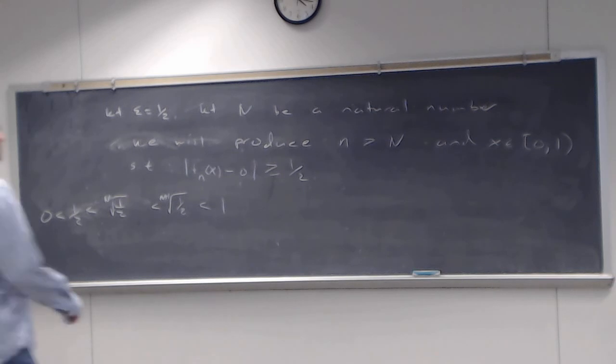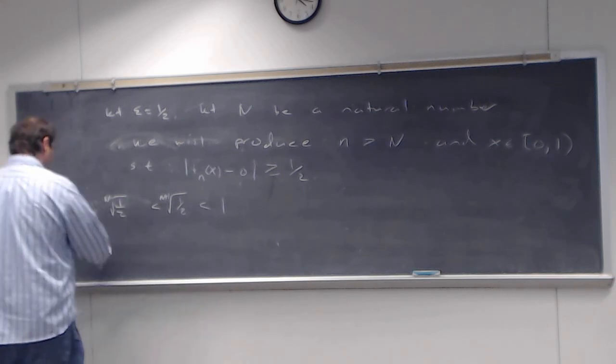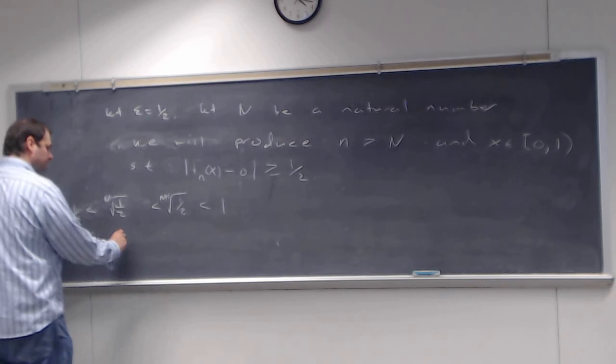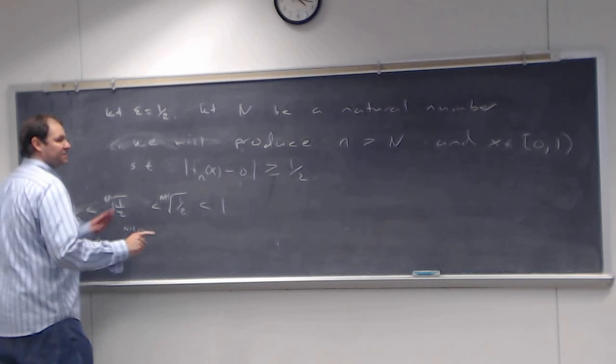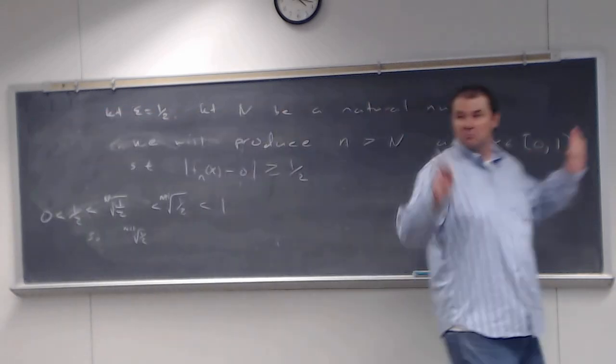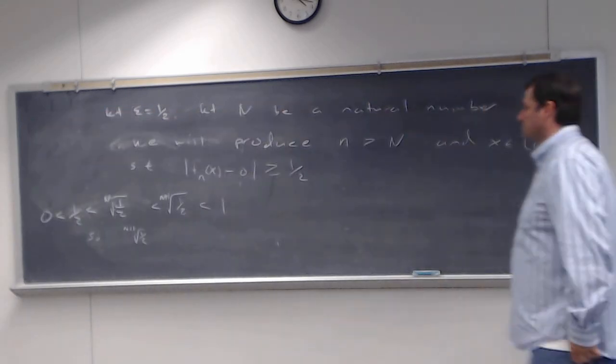And so here's what I claim. The n plus 1 root of 1/2 is a number in between 0 and 1, just getting close to 1.